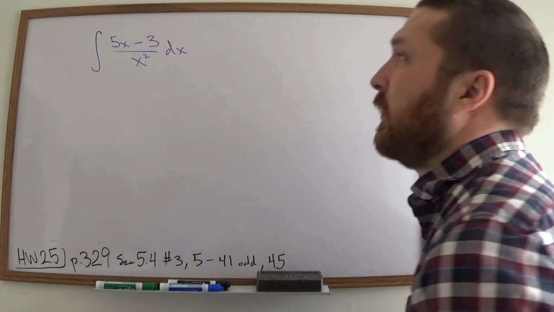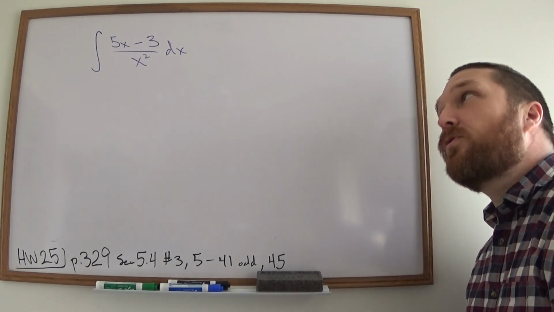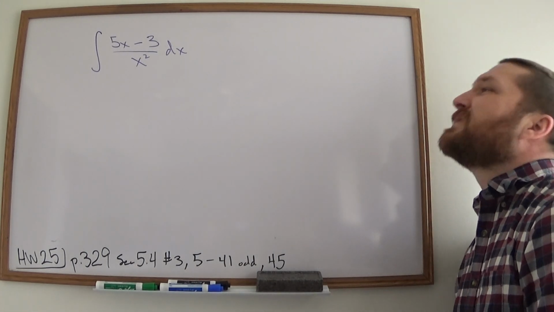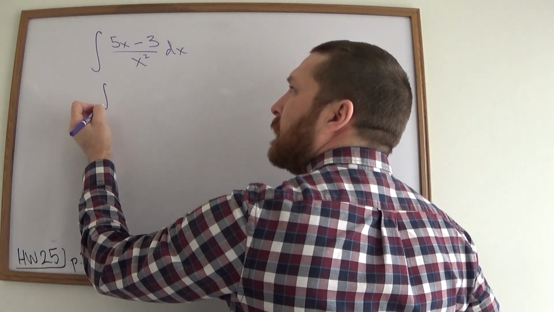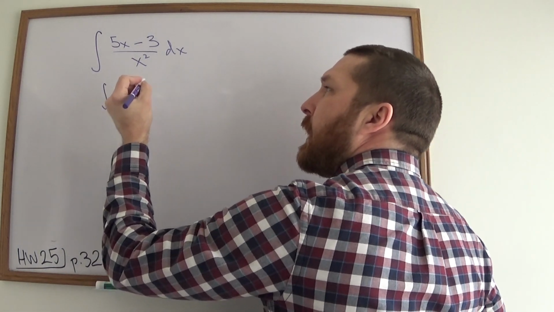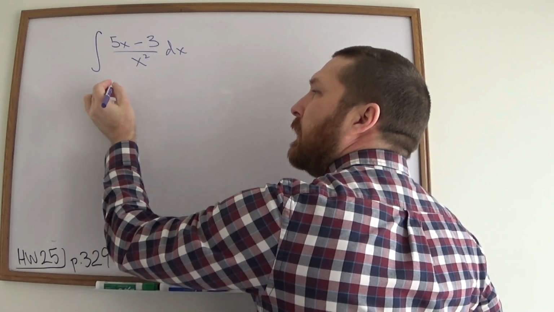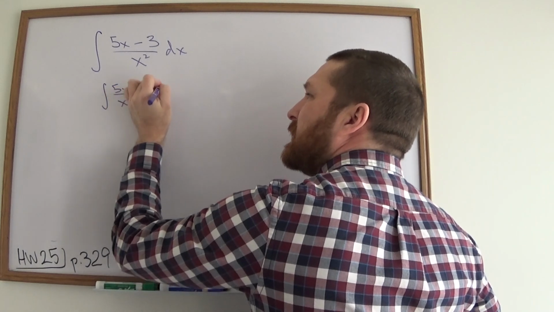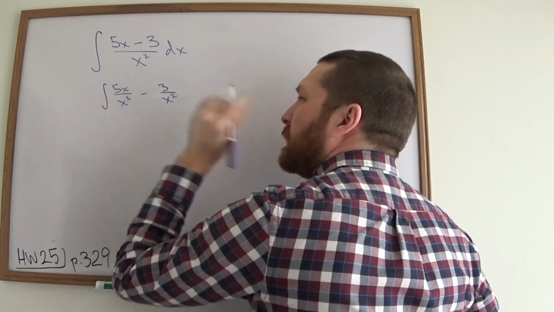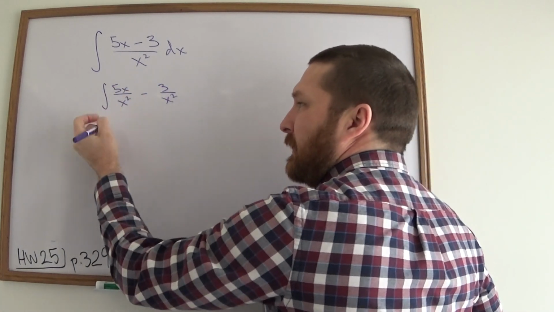Now you're thinking, okay, quotient rule. We can split it up. How do you want to split this up? 5x over x squared minus 3 over x squared. Then we can cancel the x. So 5 over x minus 3 over x squared. Yeah, that's going to make life easier.